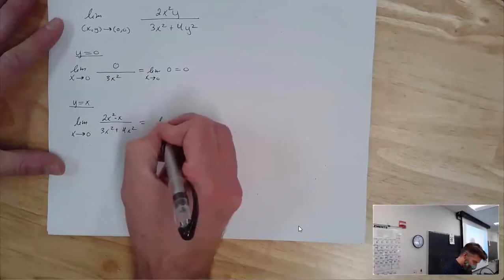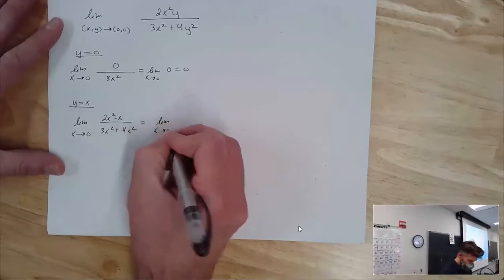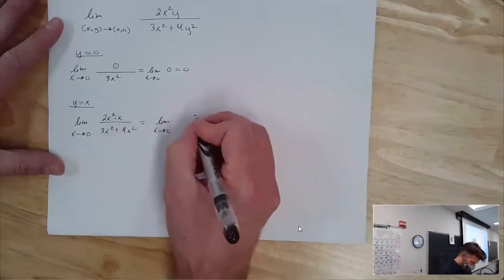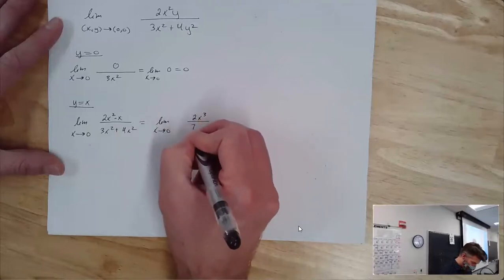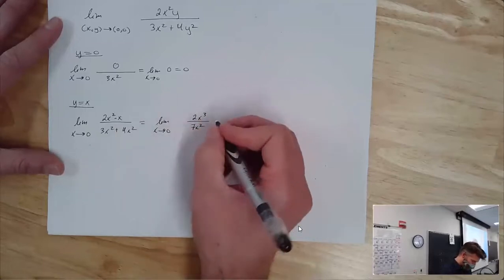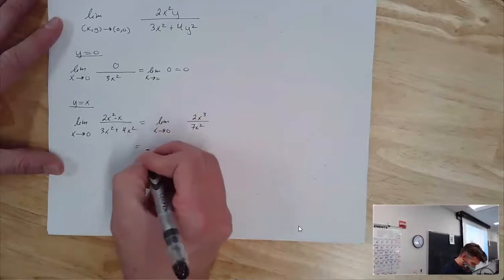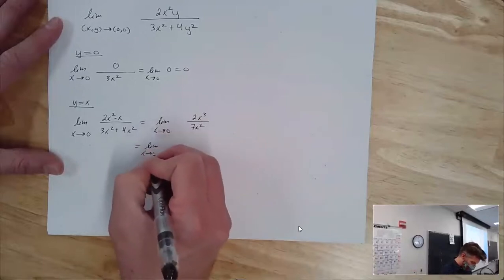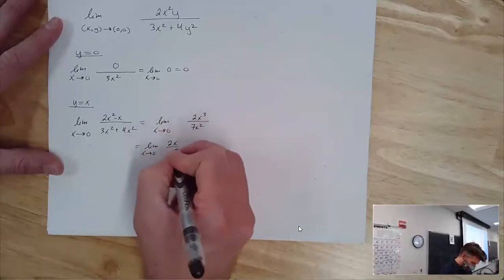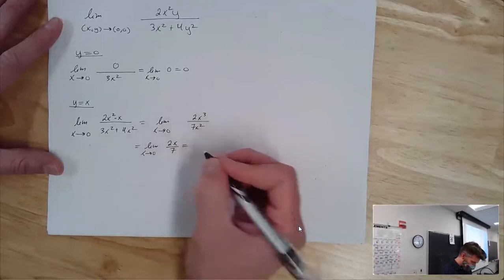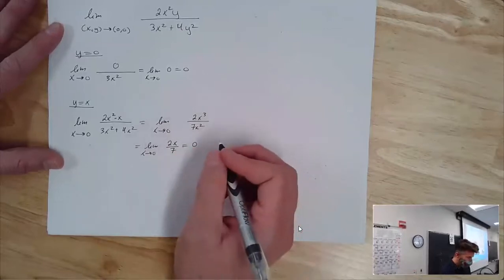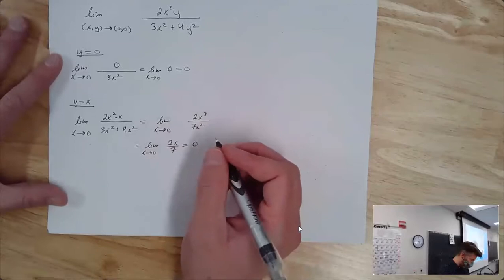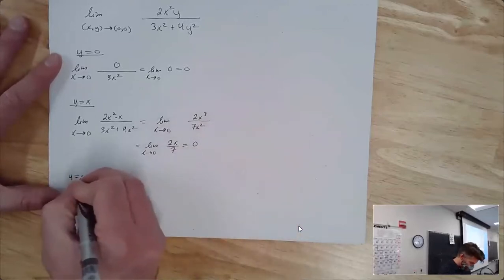That's the limit as x goes to 0 of 2x cubed over 7x squared. You can cancel an x squared. You get the limit as x goes to 0 of 2x over 7, which ends up being 0. Okay, another path. Try y equals x squared.